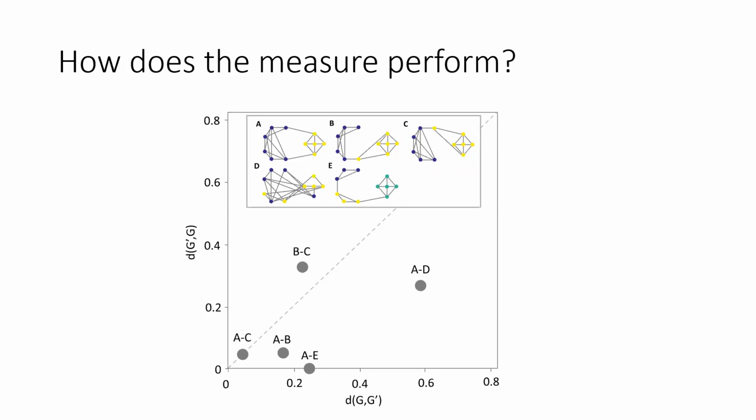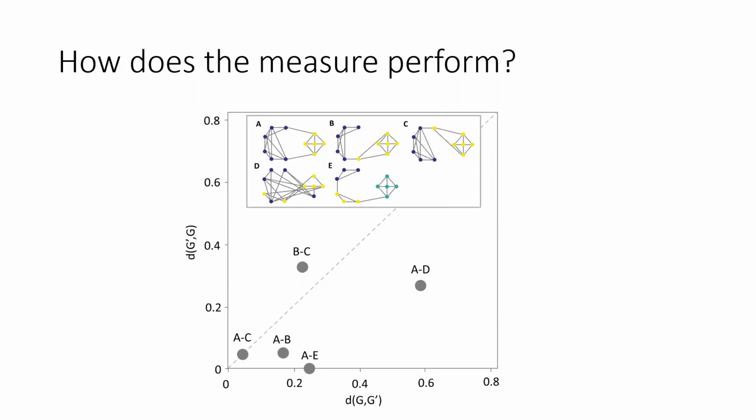The exact same distance was obtained for the pairwise comparison of A and B and A and C. But if we look at where A and B and A and C lie in our scatter plot, the distance between A and C is smaller than A and B. And as we argued, in network C, the node that's moved into the yellow community lies more in the periphery of the community in network A. So we could argue that these two networks are more similar.